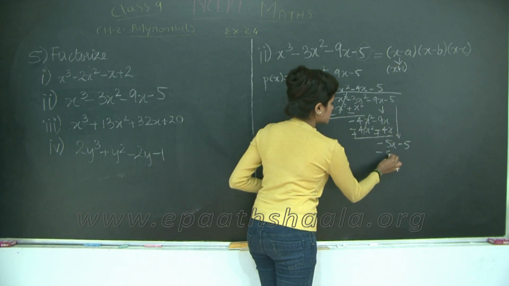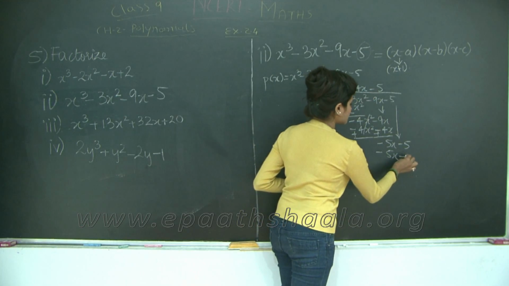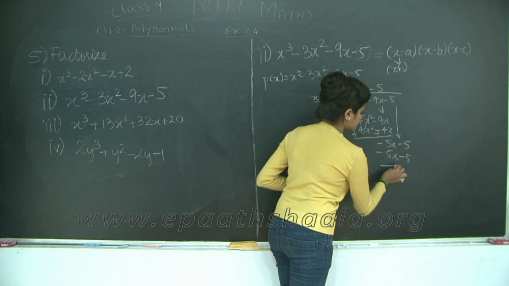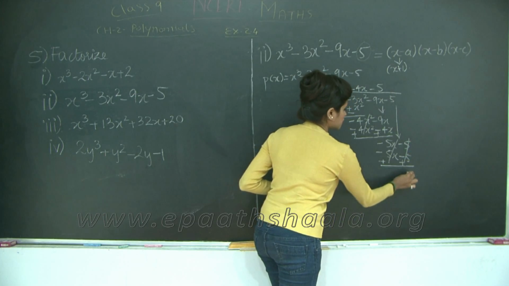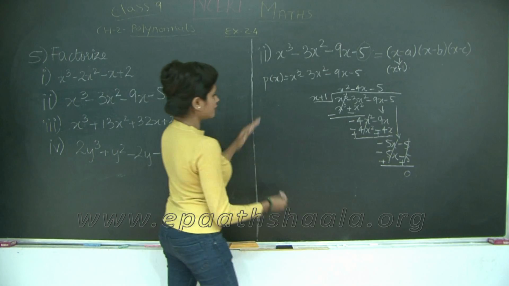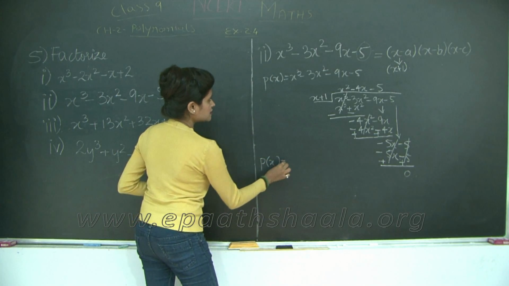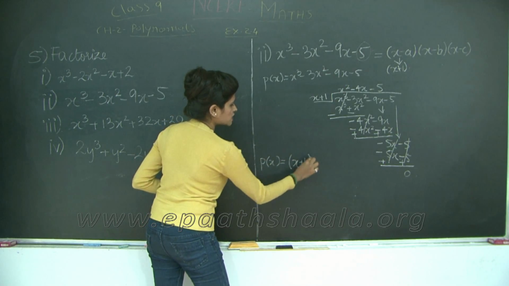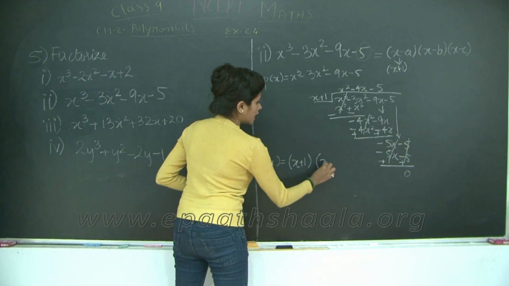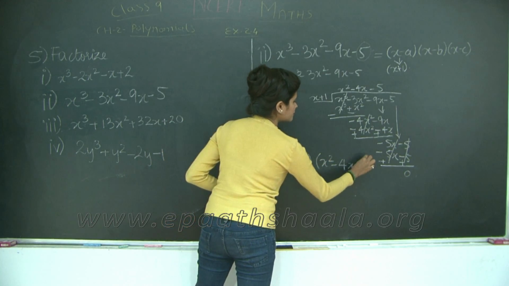So this gives me minus 5x, and minus 5 into 1 gives me minus 5. This becomes plus and plus. Thus the remainder is 0. Therefore px can be further rewritten as the first factor, which is x plus 1 into x square minus 4x minus 5.